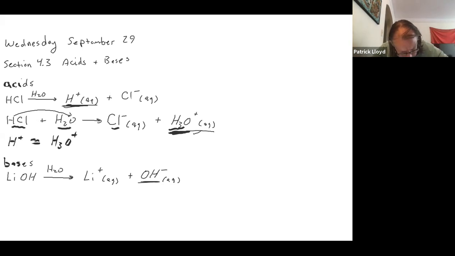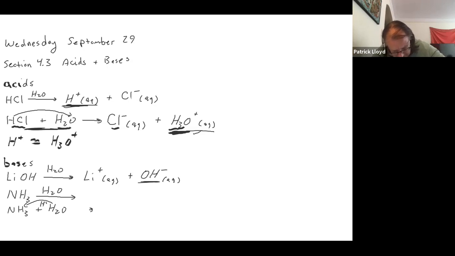However, we also said there was this second group of substances, which we called nitrogen bases. And the common example of that is ammonia. And that if you put them into water, what happens is you get a reaction, kind of like we have over here. So what ends up happening is the ammonia reacts with the water, but in this case, the water is actually transferring the hydrogen ion to the ammonia.